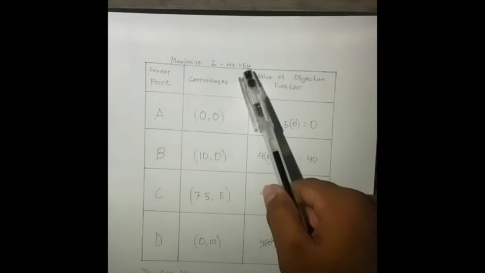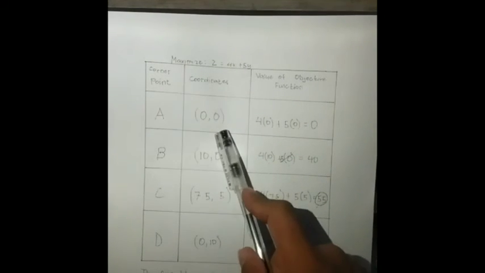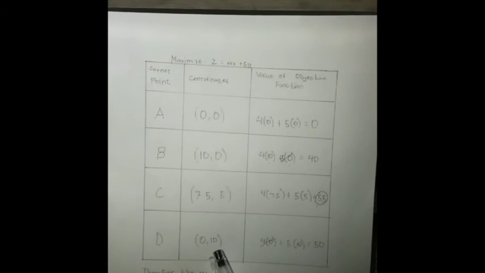Now we need to find the value of the objective function z is equal to 4x plus 5y. We have the coordinates 0, 0, 10, 0, 7.5 and 5, and 0 and 10.